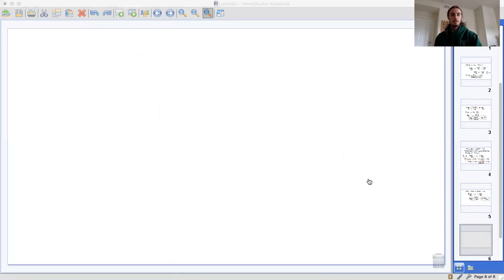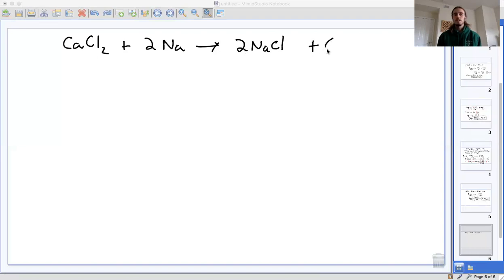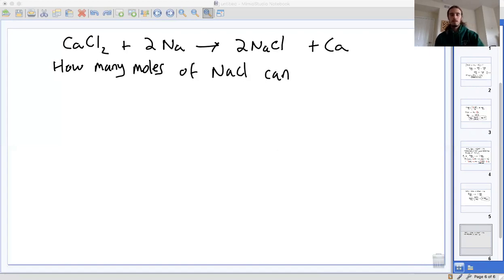All right, let's look at the next one. We've got the same equation. So CaCl2 plus 2 sodiums makes 2 NaCl plus calcium. Now the question is, how many moles of NaCl can be produced from 5 moles of sodium?